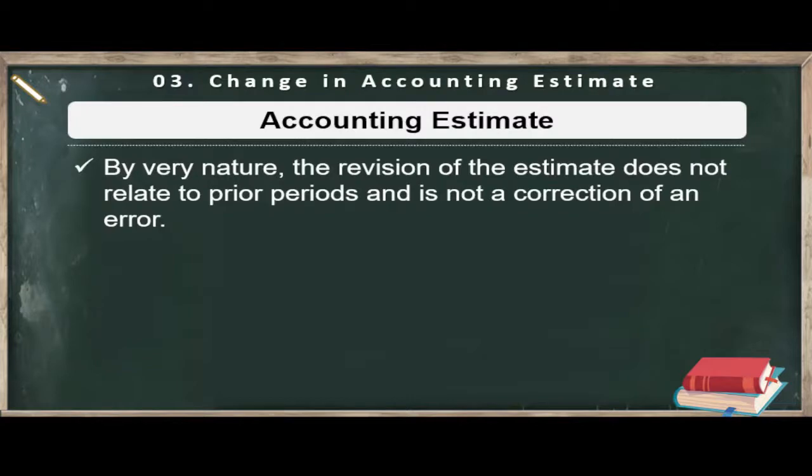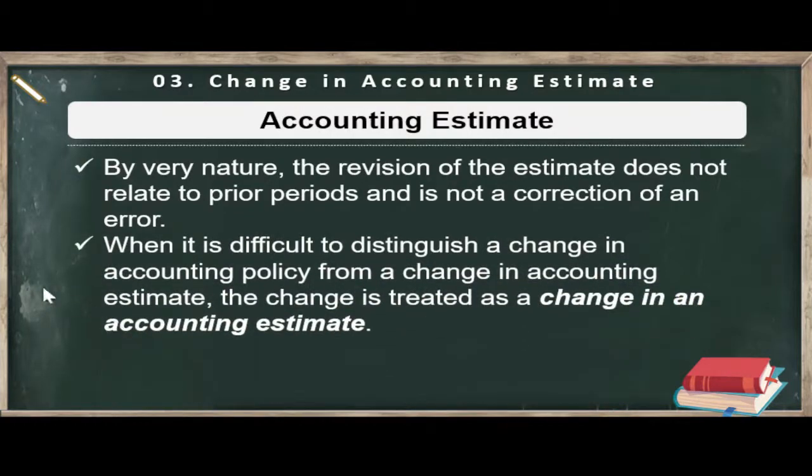periods. Unlike the change in accounting policy that we have to change the opening balances of the retained earnings as if the change or the policy has always been applied, kaning accounting estimate, imuha ni siyang gamiton or imuha siyang i-apply in the current period and in the future periods. So, dili na mag-relate sa prior periods.